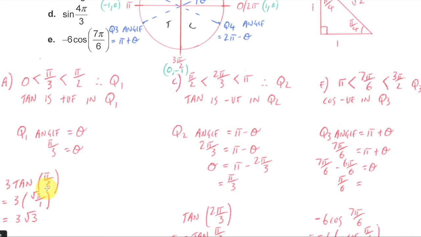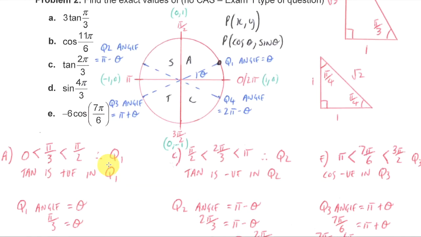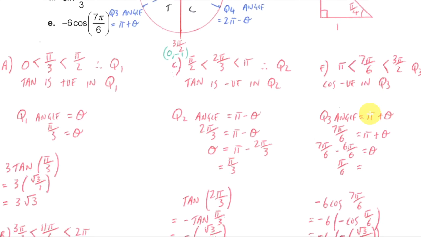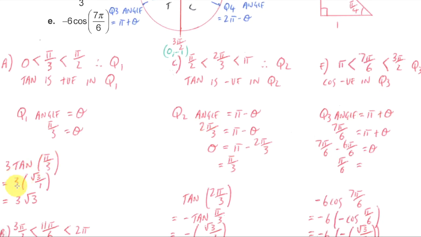I just need to evaluate what tan of pi on 3 is. So I go to my exact triangles, take the perspective of pi on 3. Tan is opposite over adjacent, so that ends up being just the square root of 3. So we want 3 lots of the square root of 3 on 1, and that's 3 root 3.